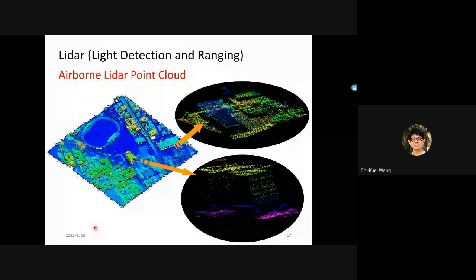Here I give you more examples of the airborne LiDAR data. This is an example from an urban area. With a building like this, let's look at it this way, and for another building, we can see it this way. I hope you can see that because the LiDAR points are just points, they don't have the information of which is front and which is back.